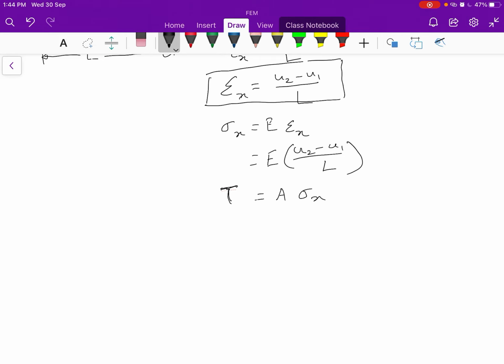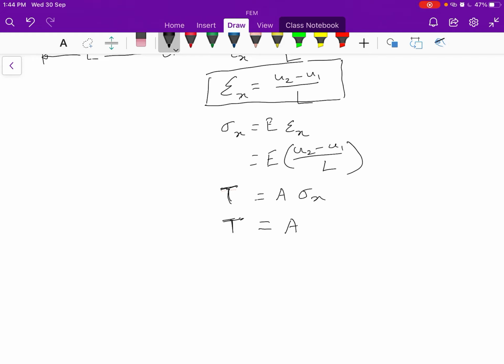So now we can relate this T with these nodal displacements by substituting the value of sigma x from the earlier calculation.